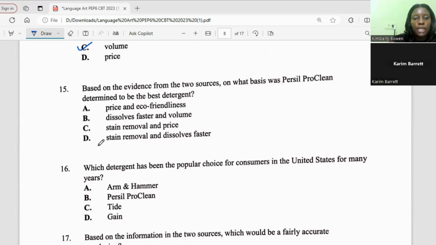We know that it's stain removal, and yes, in the package it says it's also dissolved faster. The answer is D.